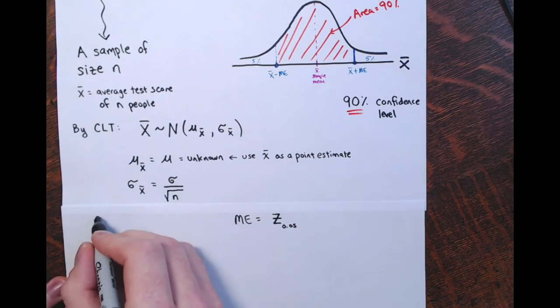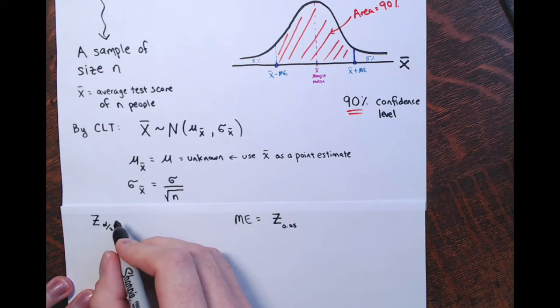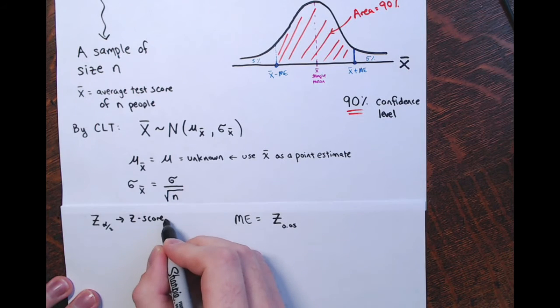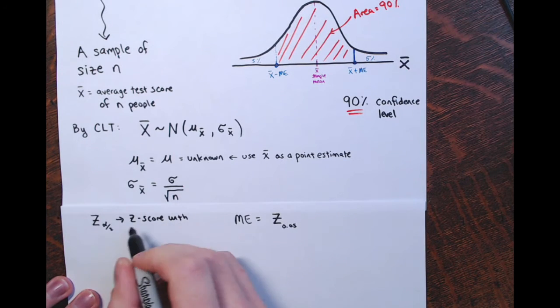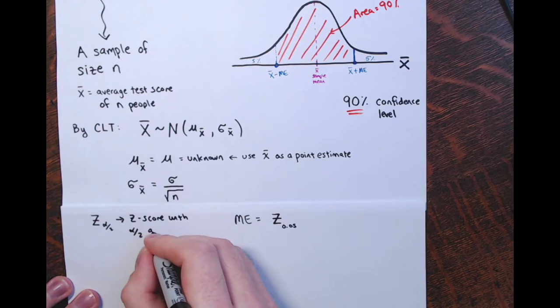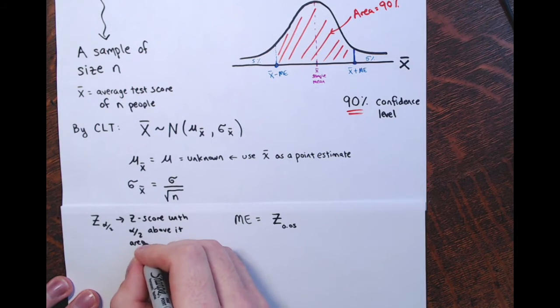Remember that was those z-scores with the subscripts, z with a subscript of 0.05. Remember when you saw z with a subscript of alpha over 2, or half alpha. We'll talk about alpha later, but remember this was just the z-score with alpha over 2 area above it.